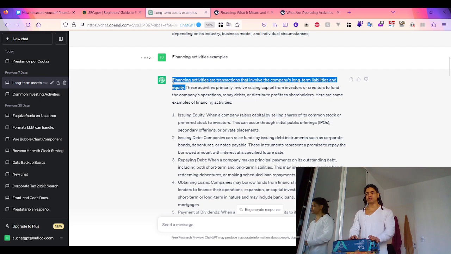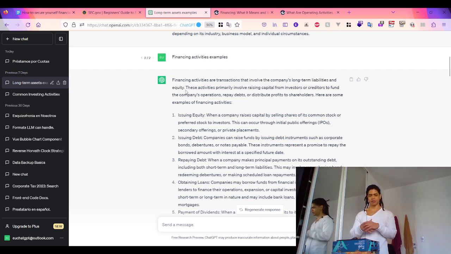Once you analyze that, financing activities are transactions that involve the company's long-term liabilities and equity.